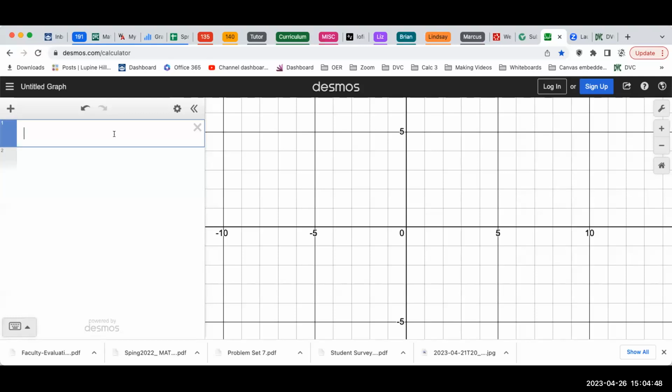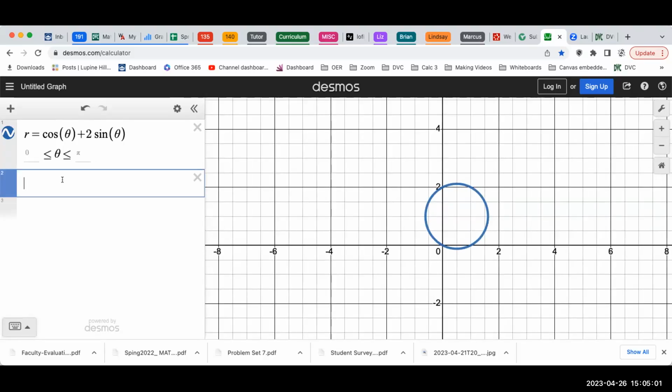So we had r equals cosine theta plus 2 sine theta. Is that correct? Oh, maybe it will work. Okay, let's see. Now I'm gonna put that disgusting thing we got.